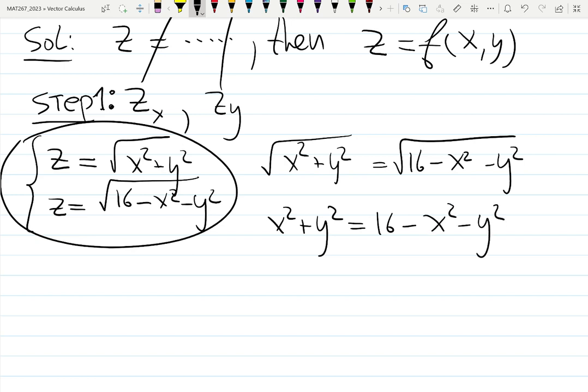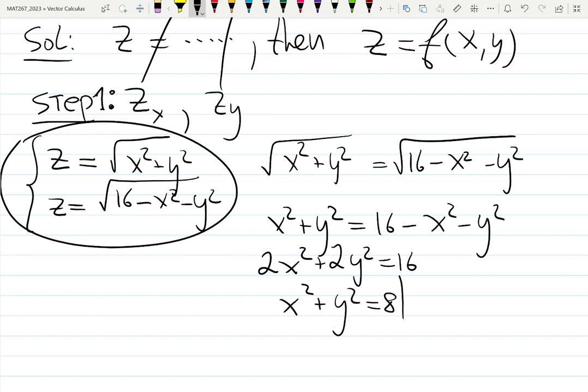Moving everything to one side, we'll have 2x squared plus 2y squared equals 16, dividing by 2. X squared plus y squared equals 8. This new equation represents their intersection. So that is where they touch.